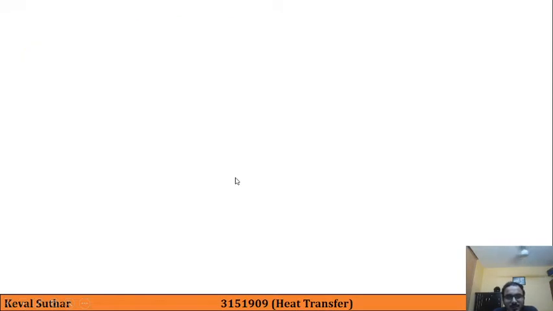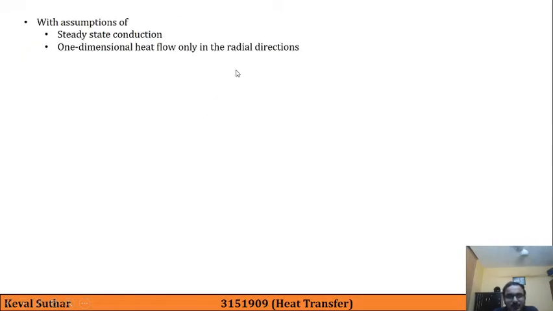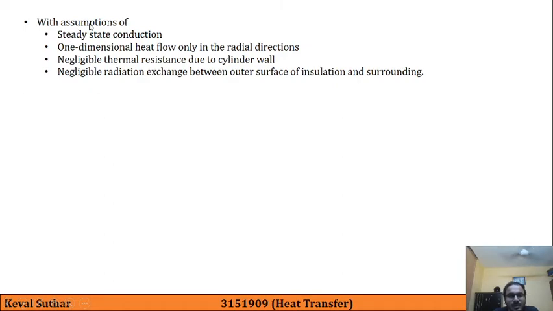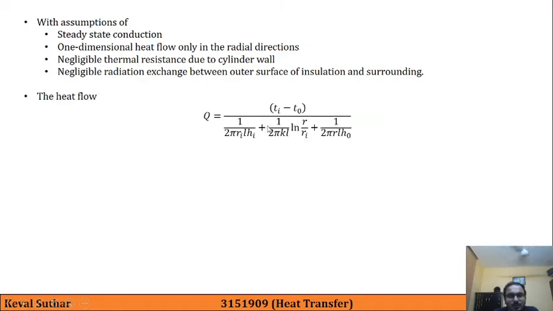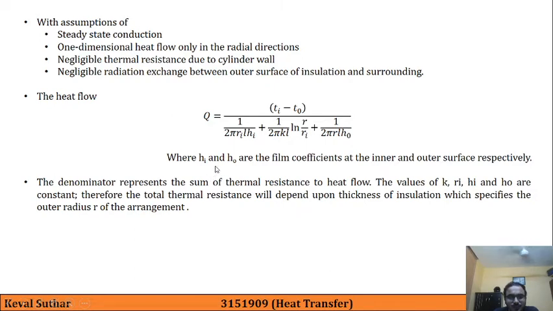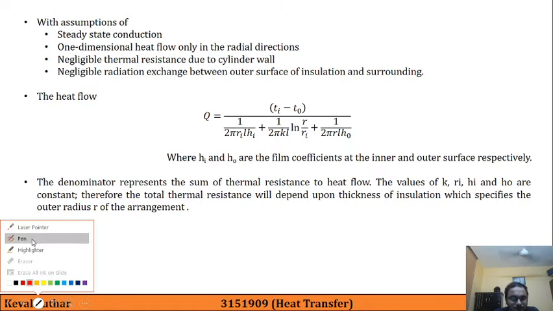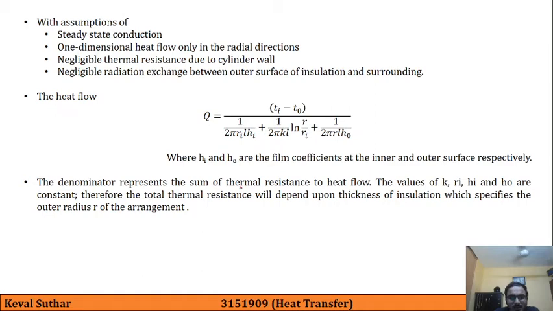With this assumptions, we can write down this heat flow in which this denominator is the sum of thermal resistances to the flow. And here if you observe, r is present over here as well as r is present over here.